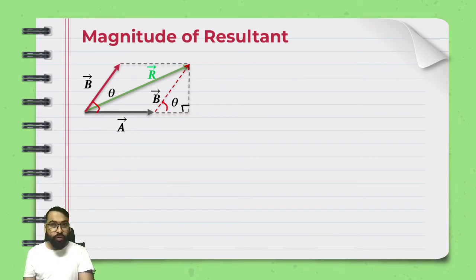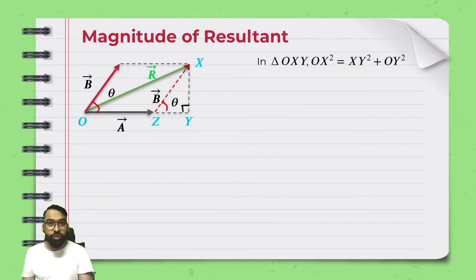We can now define some particular names. If you see, I have defined O, X, Y and Z. You can have your own convention, that's not a problem. But the thing to be learned here is that now we are to use the Pythagoras theorem on the bigger triangle, that is this one. So let us take this triangle and try to learn more.